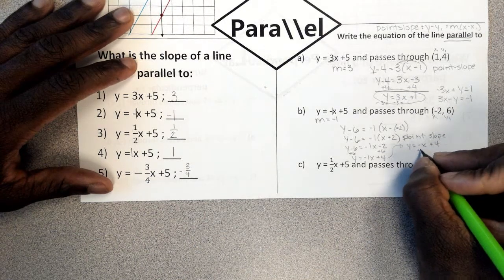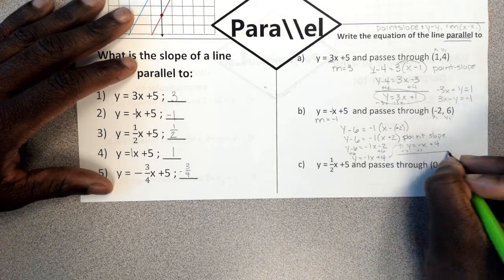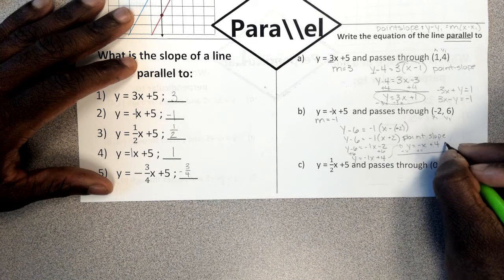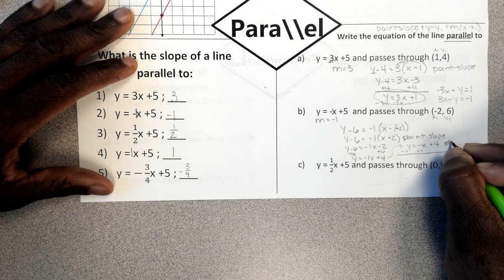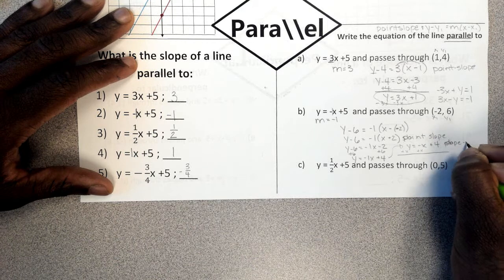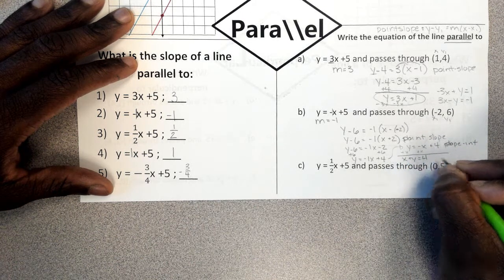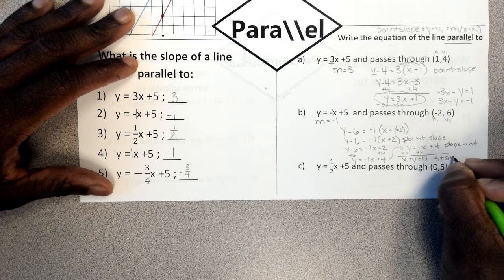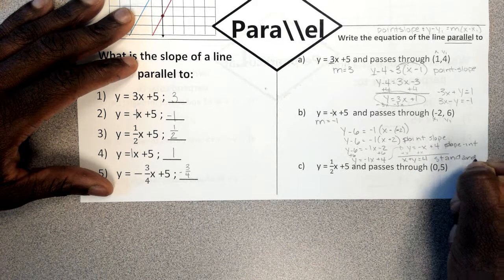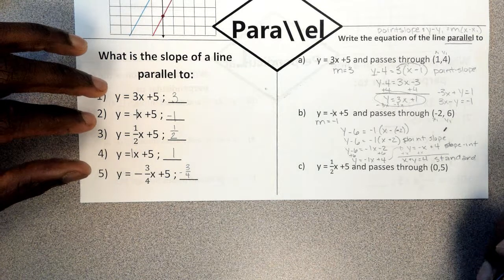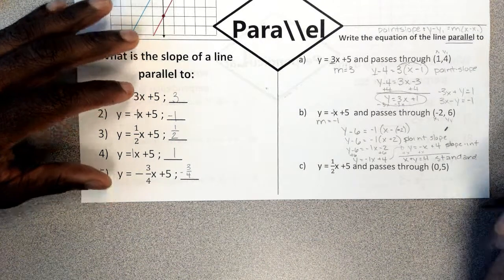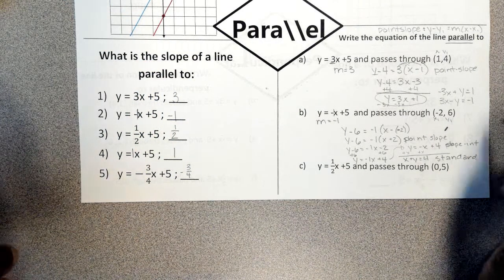Then to get it into standard form, so this is point slope, slope intercept, and this is standard. Alright, and this last one on parallel lines.